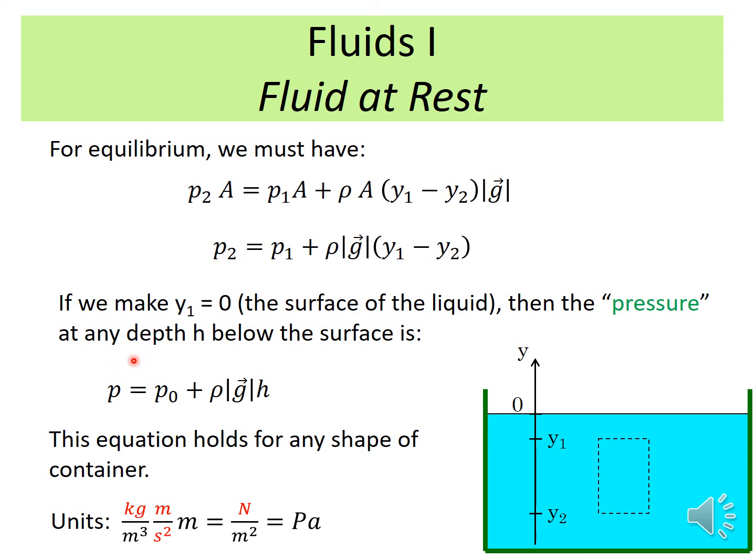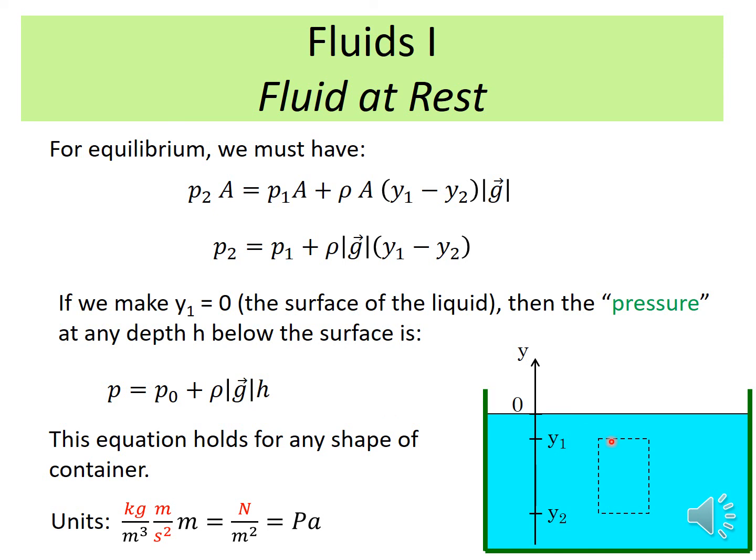So I can rewrite this equation so that the pressure I find at some depth h below the surface is the pressure P0, the pressure up here, plus rho times g times h.